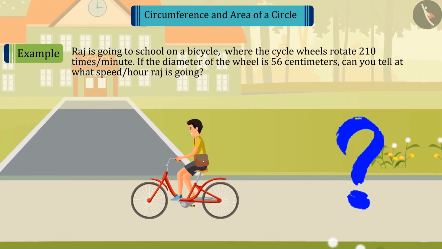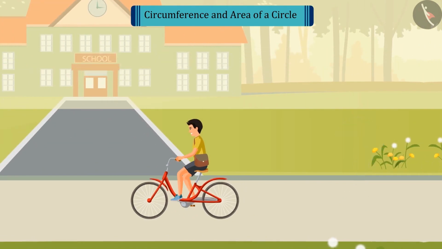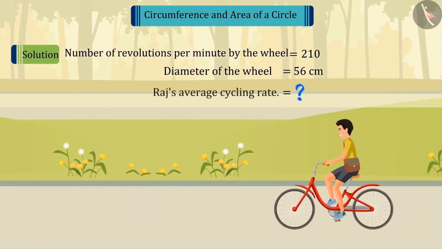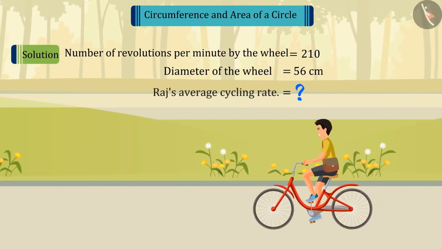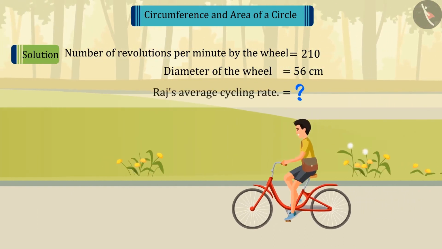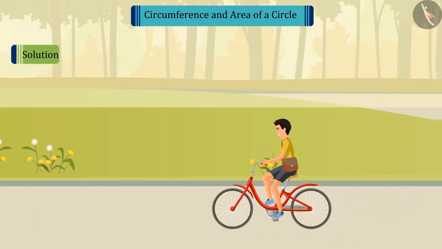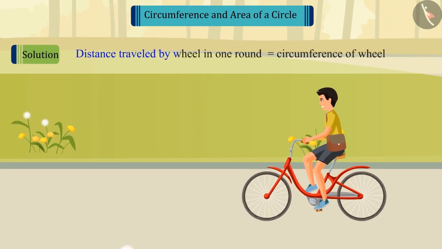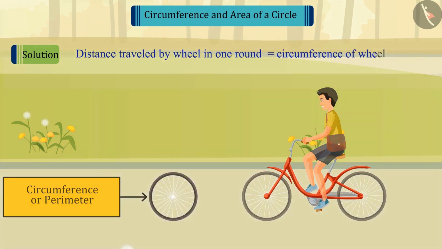Come, let's try to solve this. We see that the speed with which Raj is cycling per hour is the distance traveled by the cycle in one round. Therefore, we can say that the distance traveled by a wheel in one round is equal to its circumference.